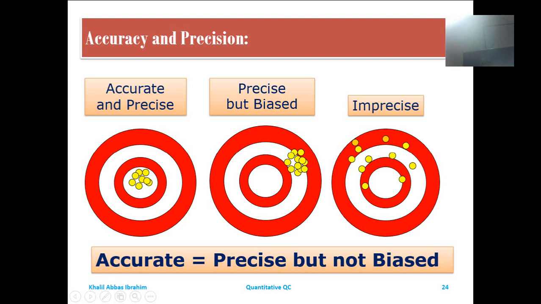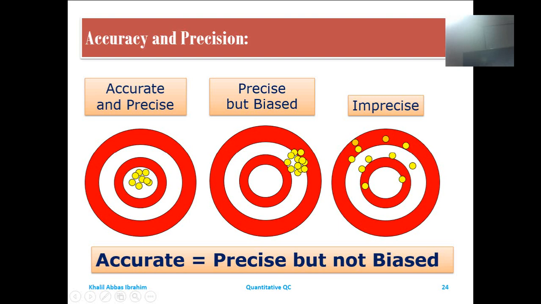In the middle shape, again, the values are close enough to each other. Closeness of those values to each other indicates precision. But all those values are quite far from the central point, which indicates the true value. So all the values are far from the true value.